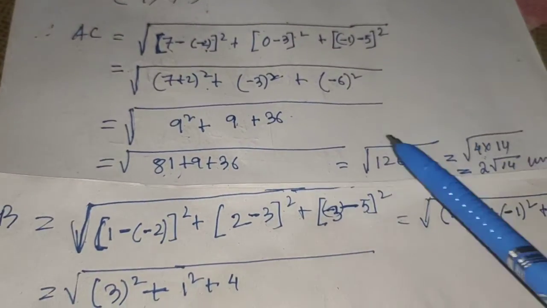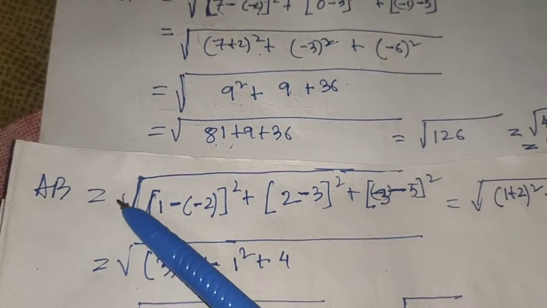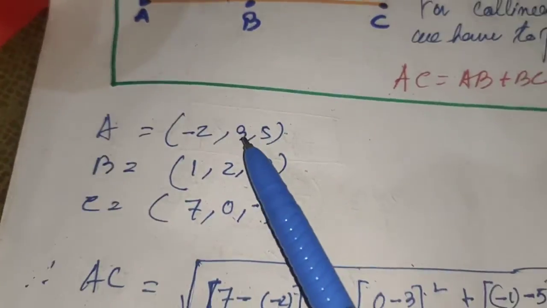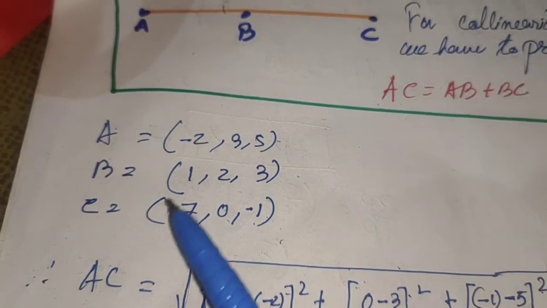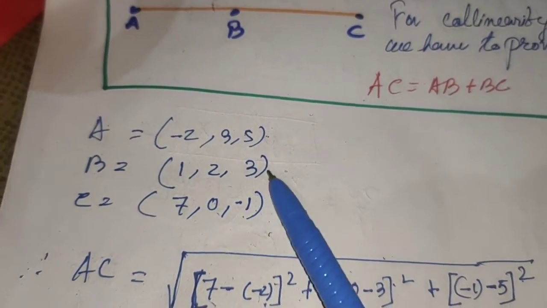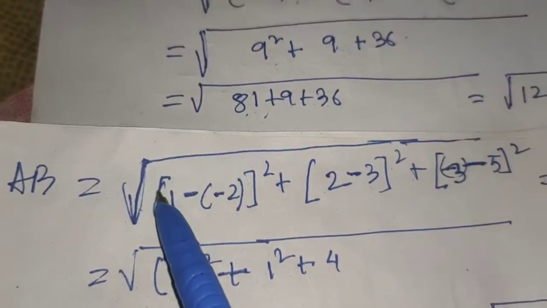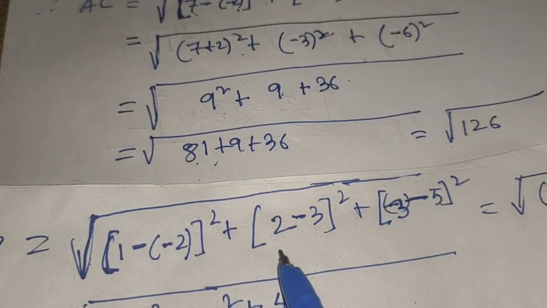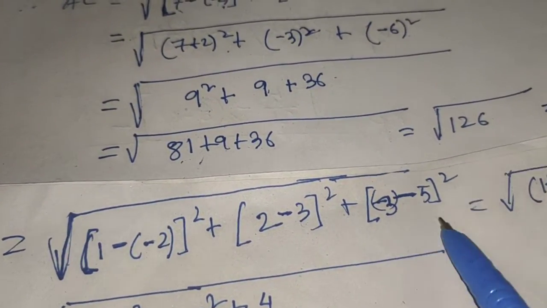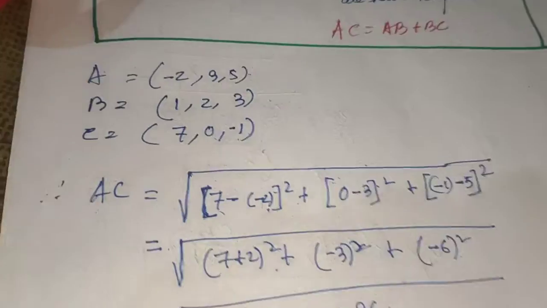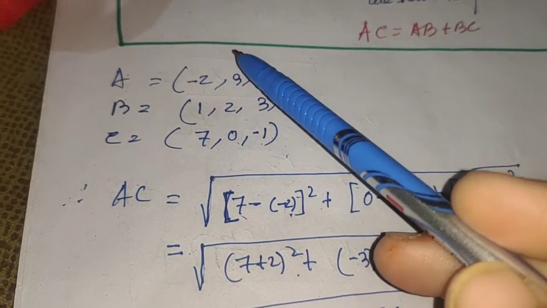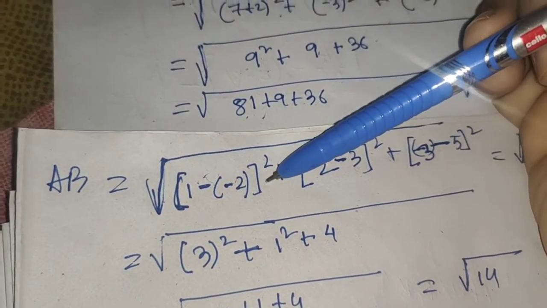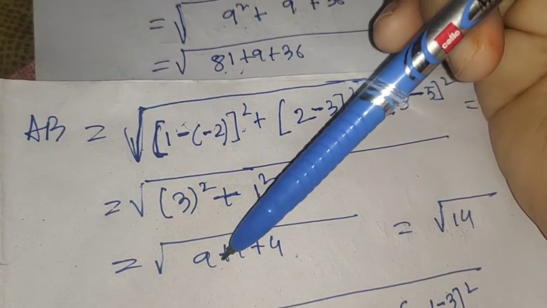So after the calculation of AC, we now have to calculate AB and BC. AB is from here: A is x1, y1, z1 and B is x2, y2, z2. So what we will do is the square root of (x2 minus x1) whole square plus (y2 minus y1) whole square plus (z2 minus z1) whole square. Here x2 is 1 minus (-2), so 1 plus 2, that is 3 squared, which means 9.